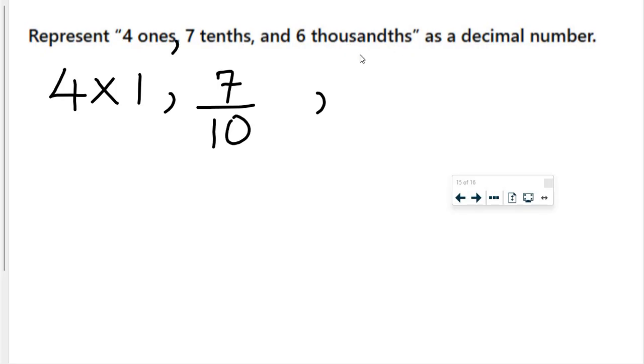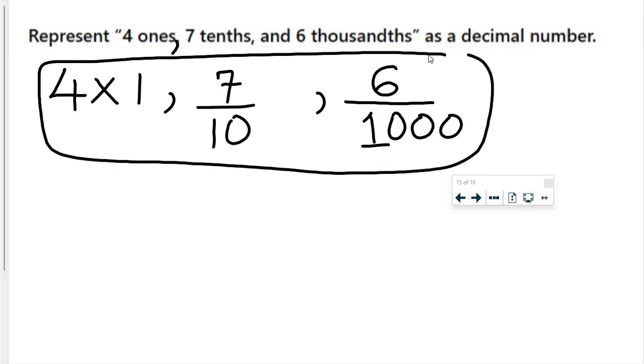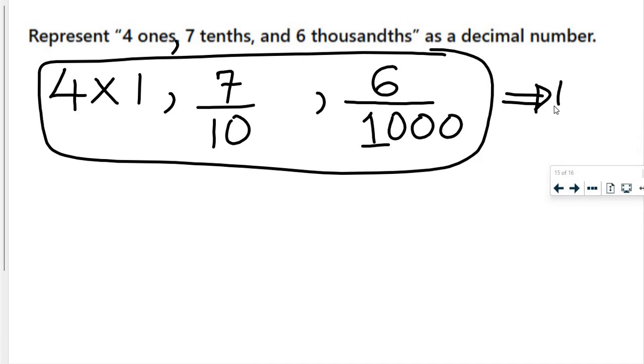And 6 thousandths means 6 upon 1,000. This is what it means. Now, how do we write this as a decimal? Everybody pay attention.